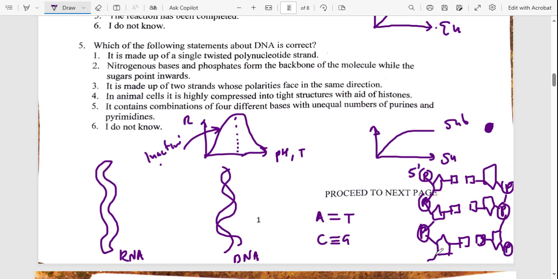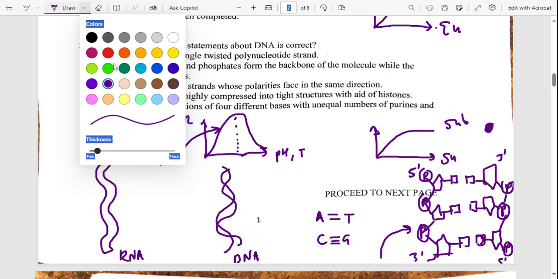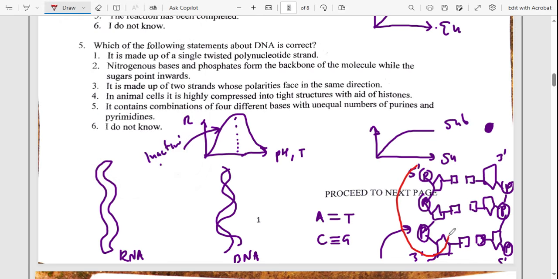And then this point here, we call it the 3' end. For the other strand, the 5' end is the one down, the 3' end is the one there. So the structures that you can see this side, we call it a backbone. The backbone is this part and this part. The internal structure is actually this part where I've got hydrogen bonds.